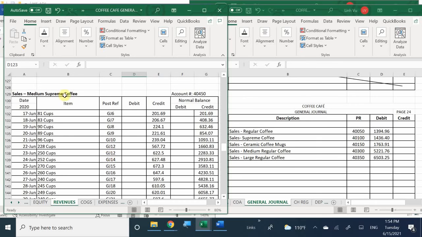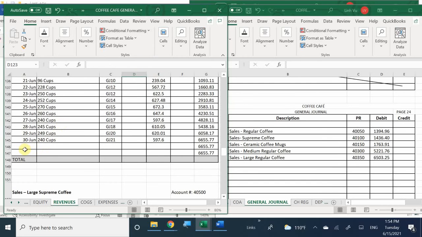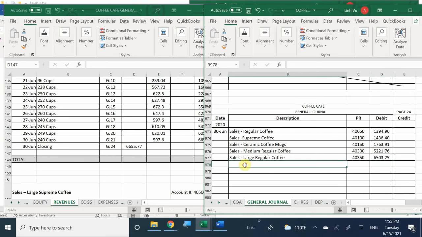Next account we have here is our sales for the medium supreme coffee, for $6,655.77.